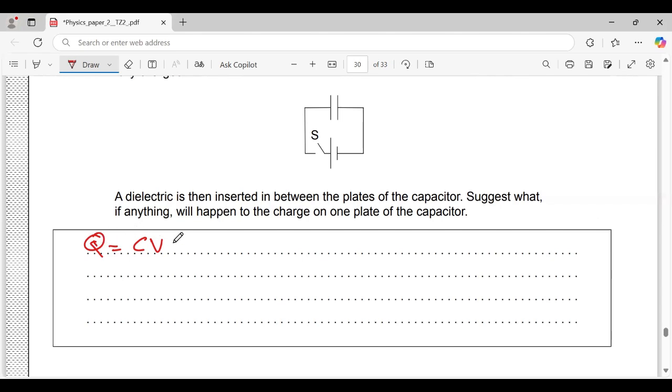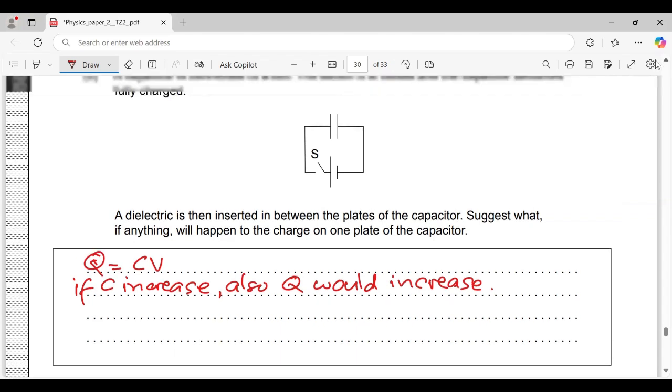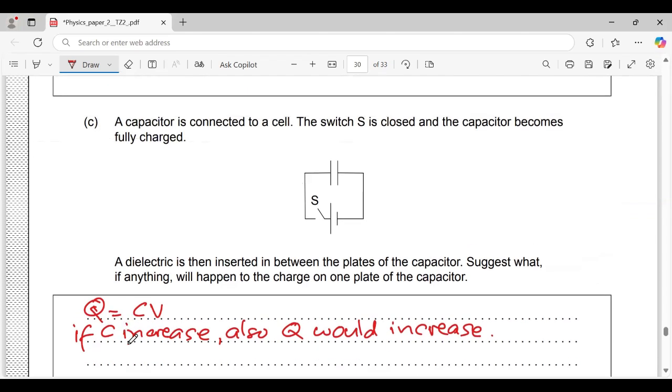So if the potential difference is always the same and the capacitance C increases, then Q will also increase automatically. The dielectric increases the capacitance of the capacitor, so the charge will be increased.